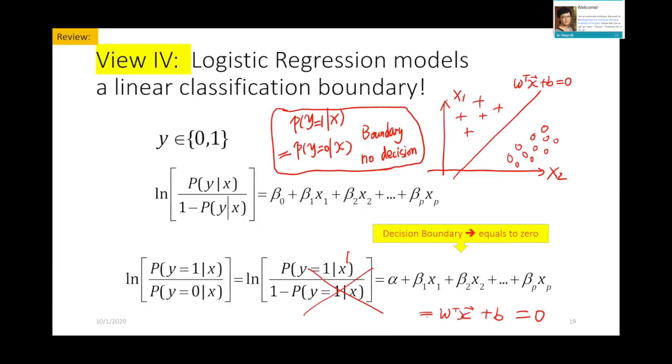Okay, now I want to review what we actually told you about logistic regression. We actually proved that for logistic regression, the decision boundary is a linear line. This is very important in the 2-dimensional case. In the high-dimensional case, it's a hyperplane. It's very easy to prove. Decision boundaries are those points where you cannot make a decision.